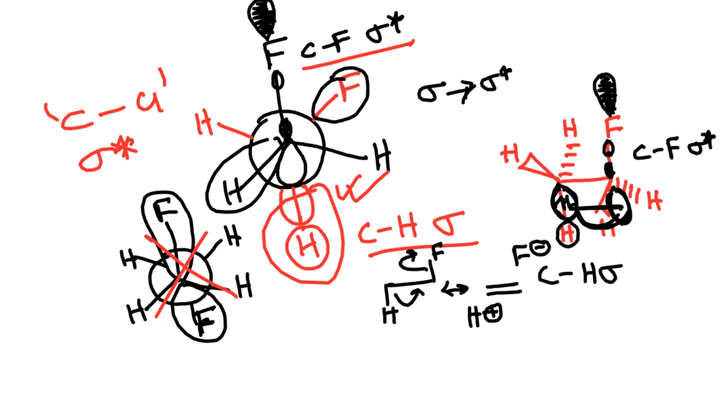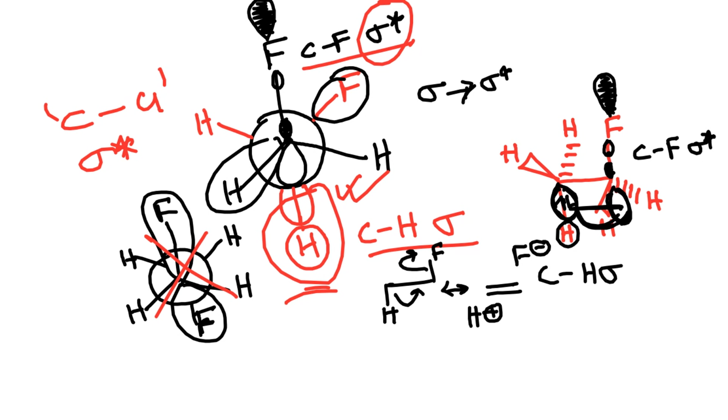Because fluorine is highly electronegative, it brings down the energy of the sigma star, close to the CH sigma, so they can easily overlap. But in the CCl bond, the sigma star is of high energy and they cannot overlap. So the sigma to sigma star interaction in the dichloro system is negligible. We don't need to consider it.